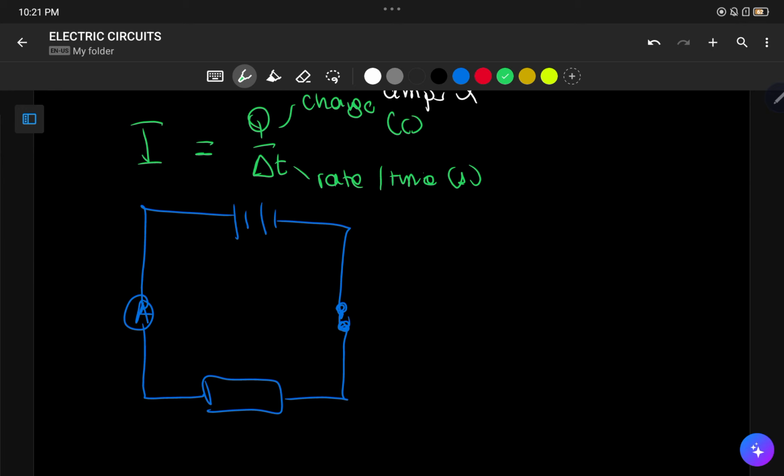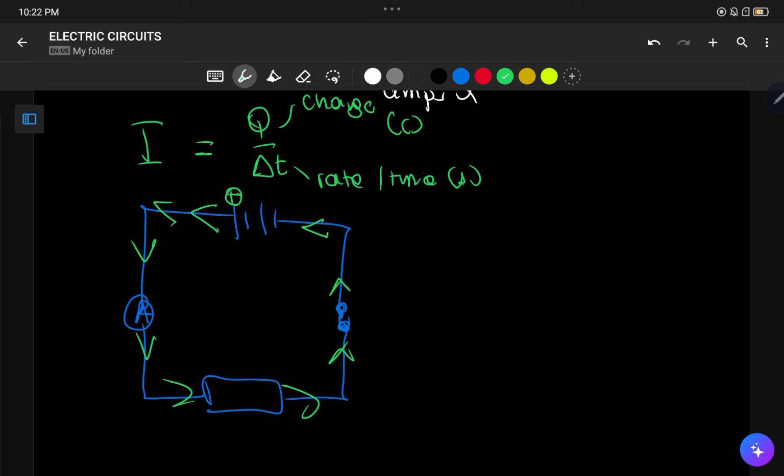Remember, a current will always flow from the positive terminal to the negative terminal of the battery. The positive terminal is the longest line of the battery, whereas the negative terminal is the shortest line. So the current will flow from the positive part, in this direction, in this direction, until it reaches back to the battery.